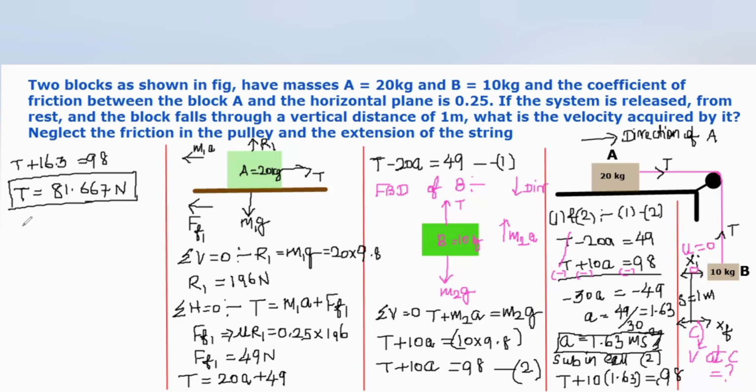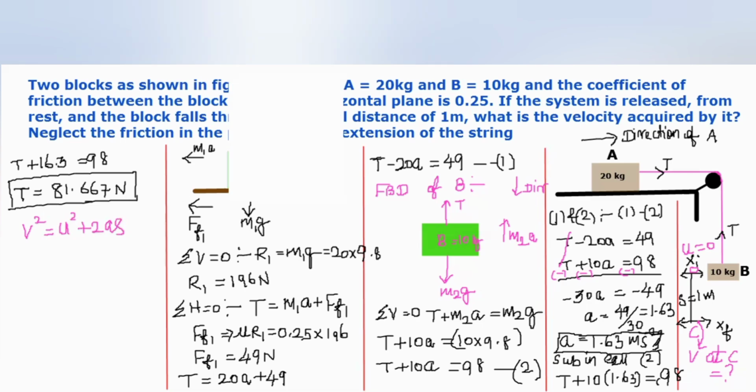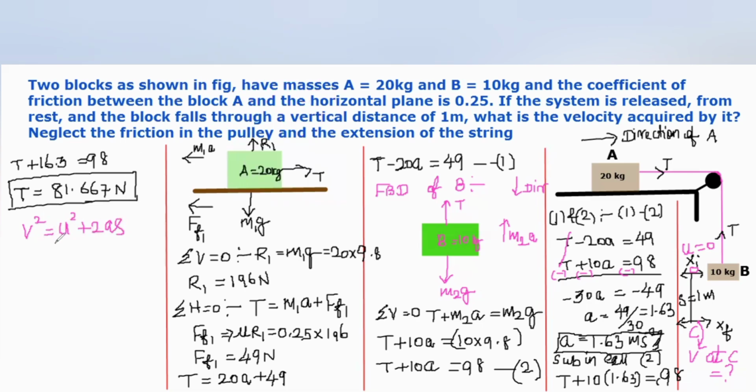So we can use the equation v square equals u square plus 2as, and when it starts moving from rest, its initial velocity is 0. The first term will be eliminated.